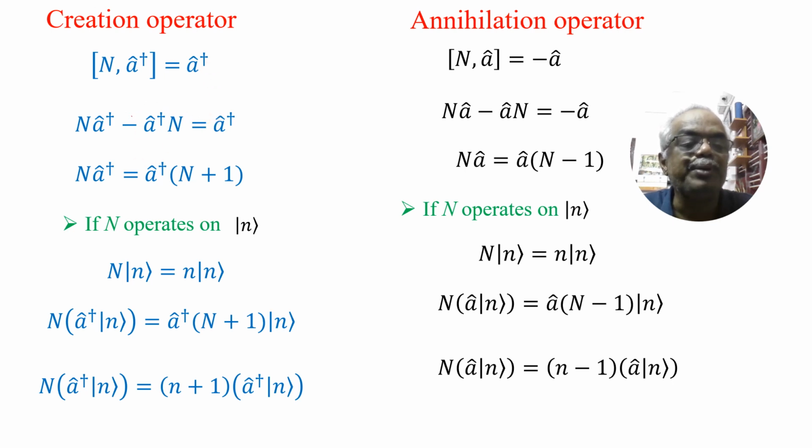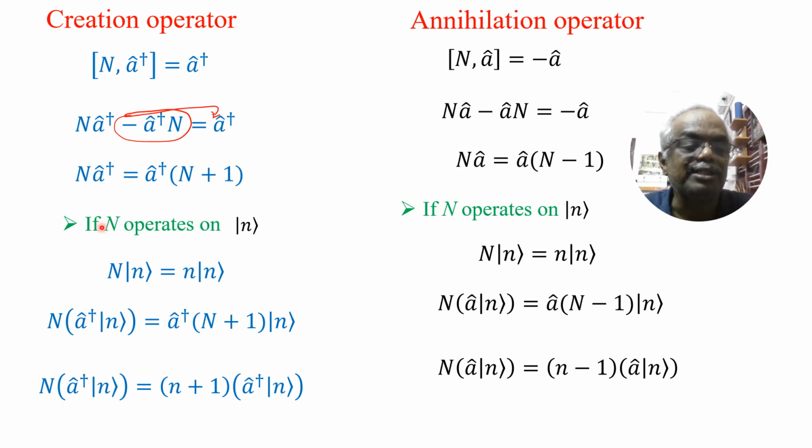Now you bring this to the right hand side without changing the order of the operators, so this will become plus. So this will become a dagger n plus a dagger. I am taking a dagger as common, so this will become n plus 1. So n a dagger is equal to a dagger n plus a dagger.